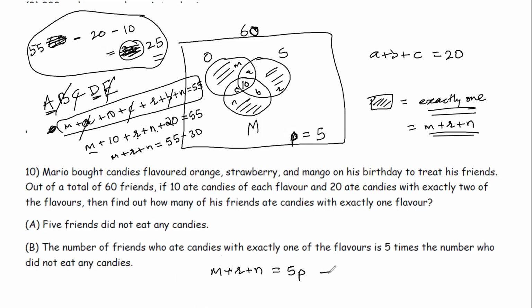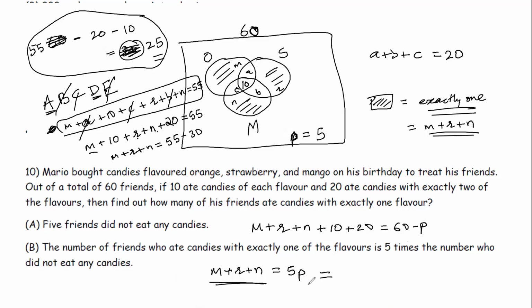Exactly one, M plus R plus N, plus the all-three region plus the A, B, C regions, that is 20, is equal to 60 minus P. Remember, we are only working with statement 2 and the question stem.